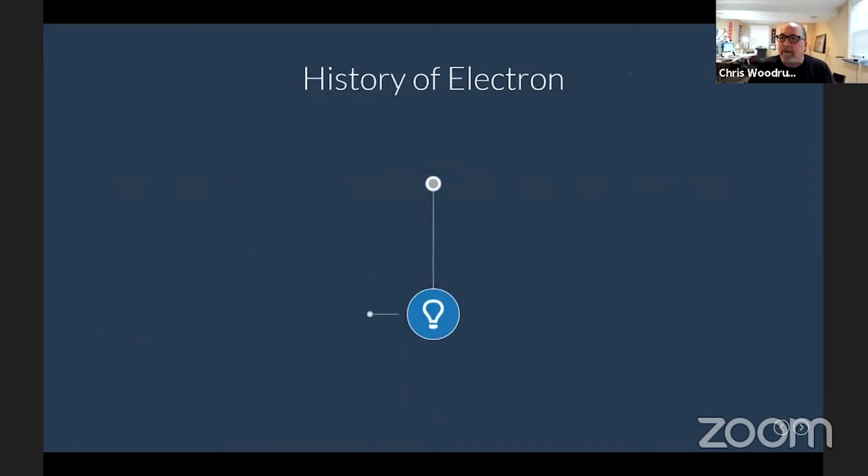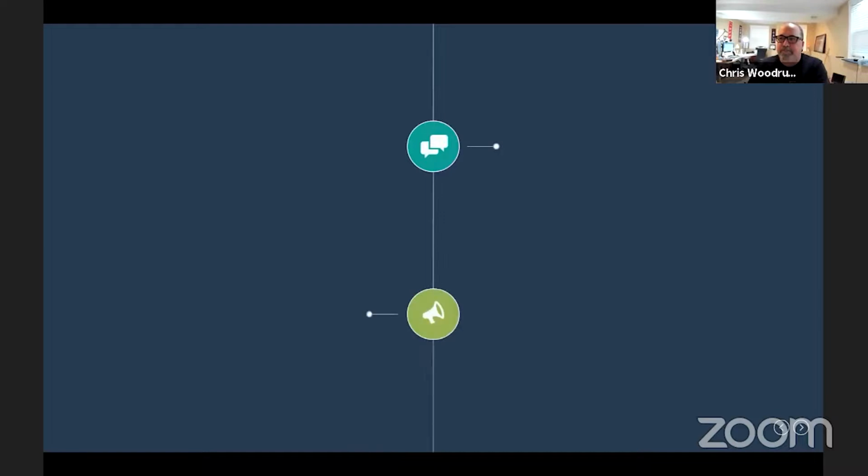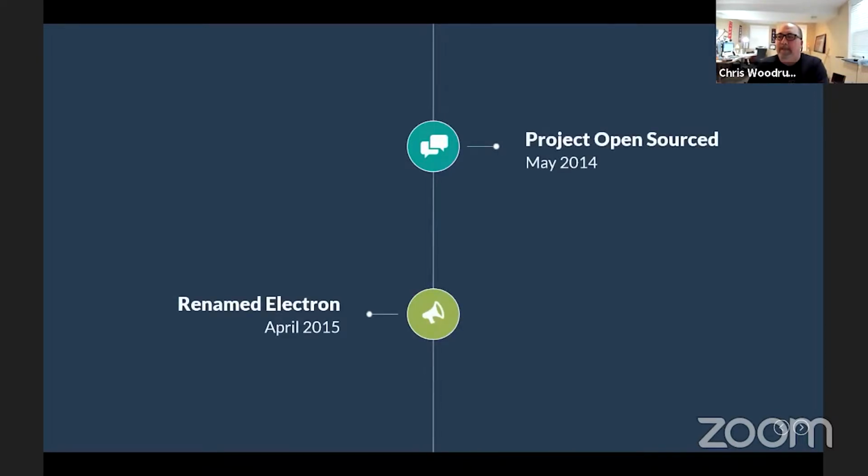So the history of Electron, I'll quickly go through this. Electron was actually started as an internal project at GitHub in January 2013. In May of 2014, it was open sourced because it actually came from Atom. If anyone remembers that old editor Atom, it's still around.